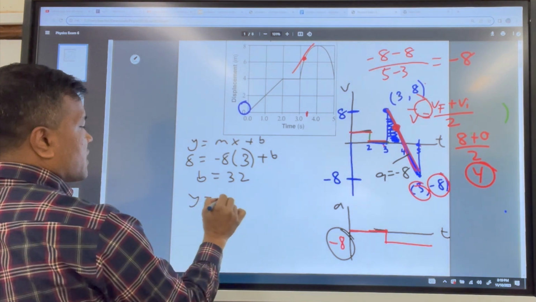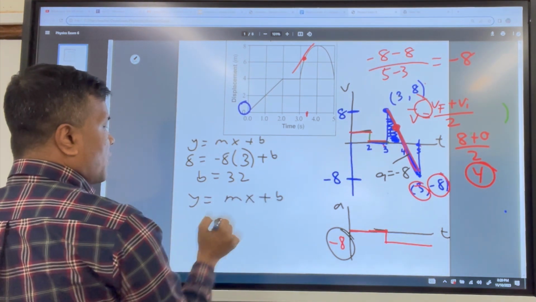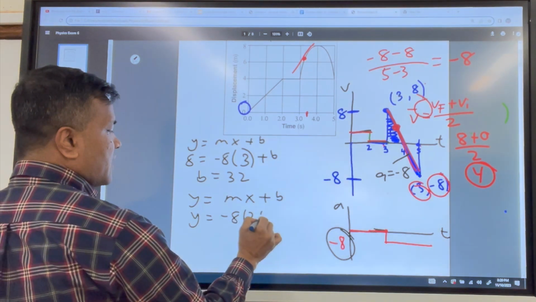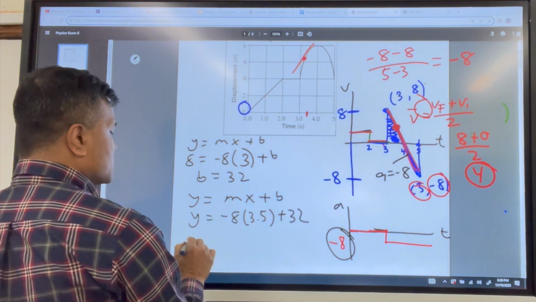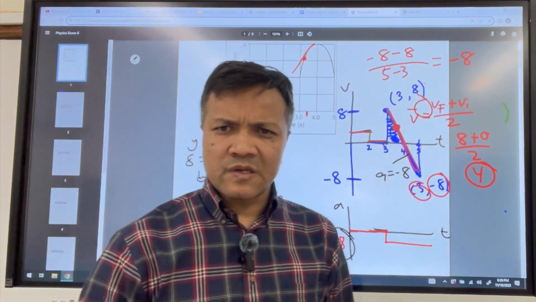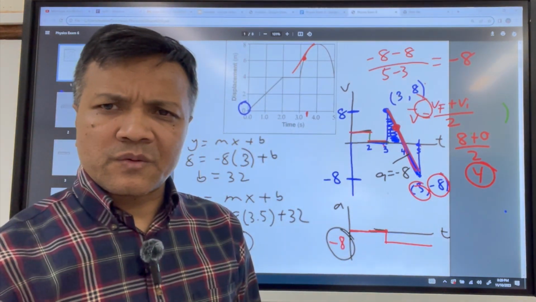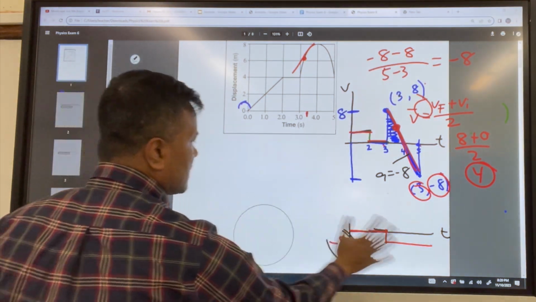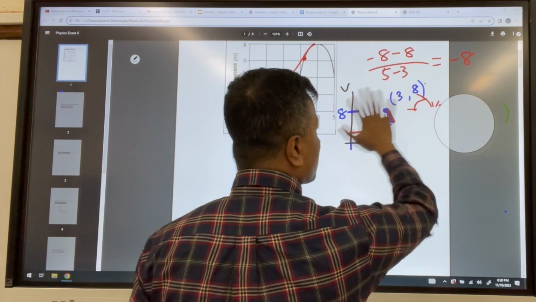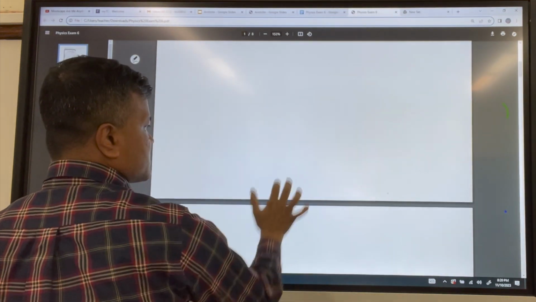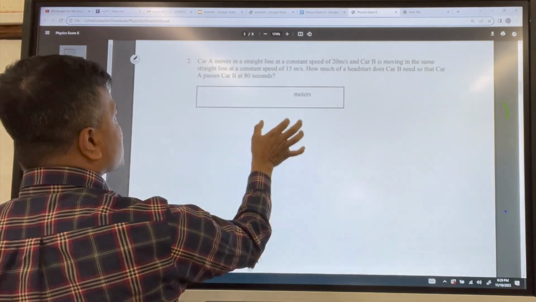So y equals mx plus b. y is what you are trying to find: negative 8 times 3.5 plus 32. So y equals 4. So you can find it many different ways. In this tutorial, I'm going to help you understand every problem at least 2 different ways. I'm really tired, otherwise I would be showing you 5 different ways, but I'll just do it 2 different ways.